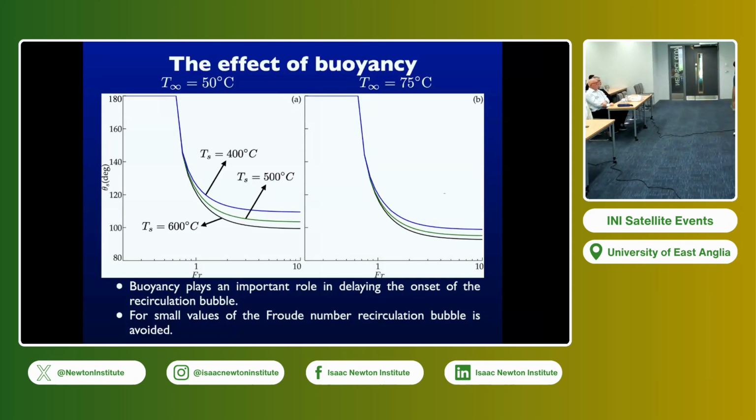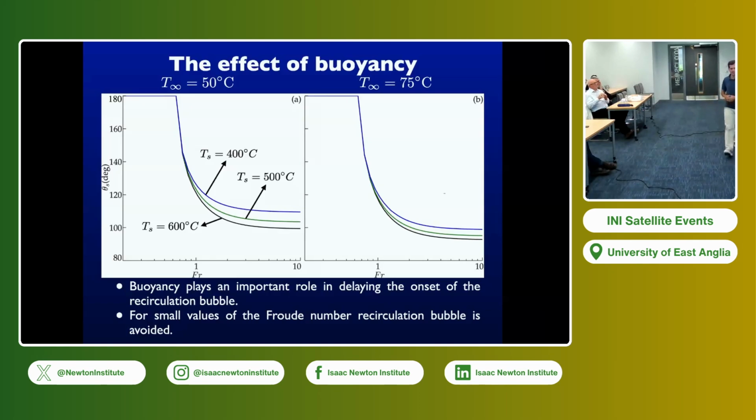In black corresponds to a sphere whose surface temperature is 600 degrees Celsius, in green 500, and in blue 400. In both cases, what we observe is that for relatively small values of the Froude number, the formation of the recirculation bubble is avoided, and basically all the vapor can be transported towards the rear stagnation point.